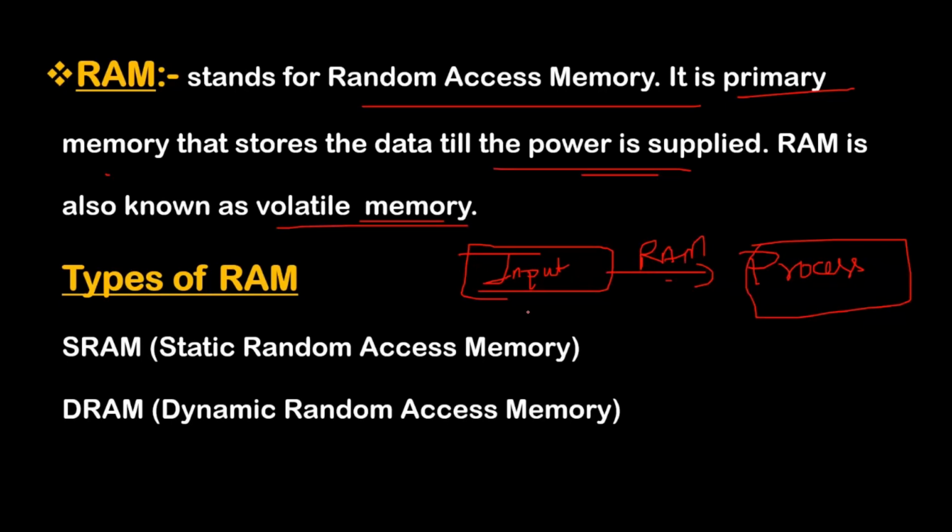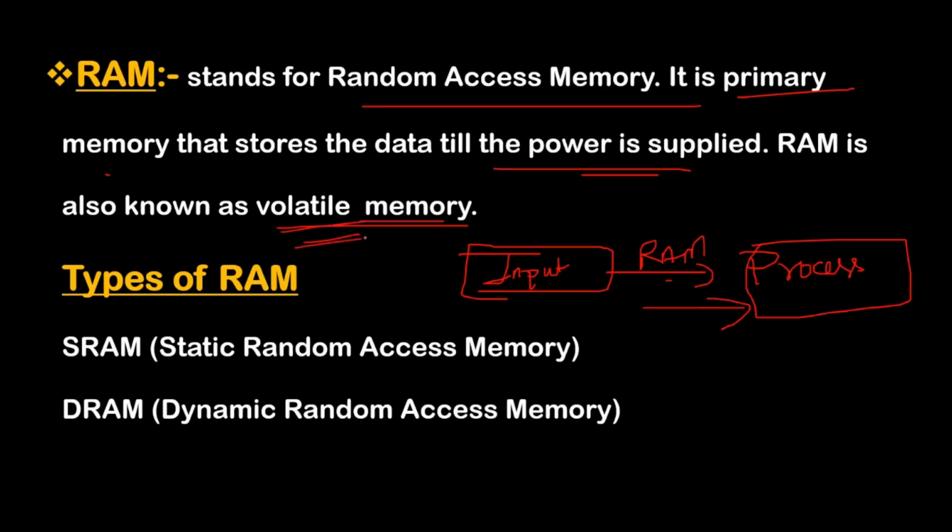I double click on that slide, and at that time it goes to your RAM. RAM will hold that data, then transfer it to the next component, the processor. Then the processor will process the data and send it again to the next component, the RAM. So RAM is used to hold your data.